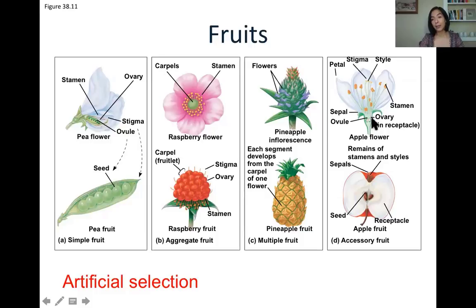This part right here at the base and surrounding the ovary, in this case as the ovary is inferior, is the receptacle. And that becomes part of this apple that we eat. So it's not the ovary, what we eat is the receptacle. So this is an accessory fruit, accessory because it is not the ovary but an accessory that forms the fleshy part of the fruit.